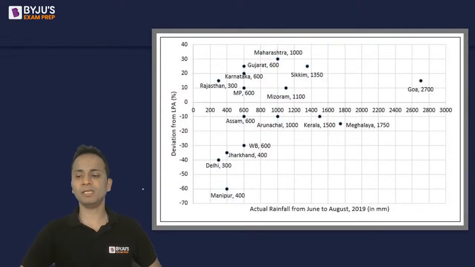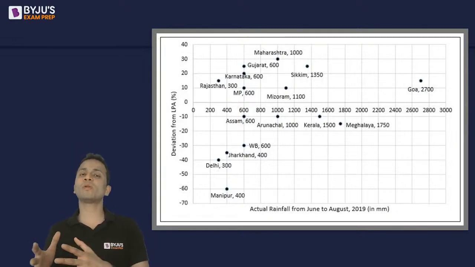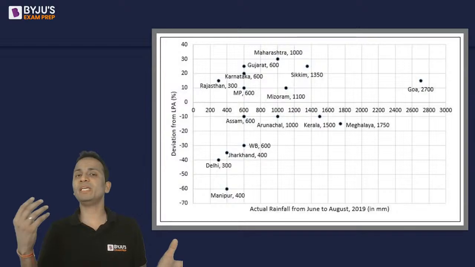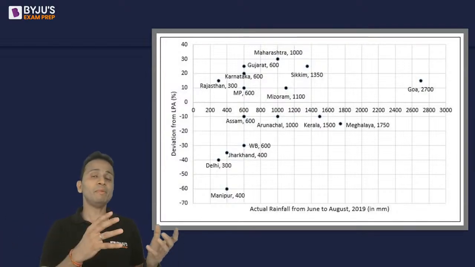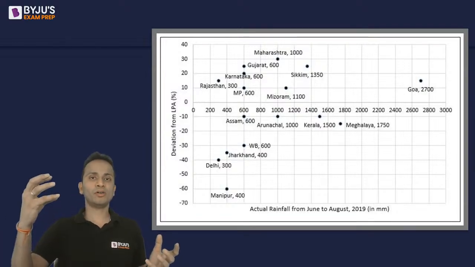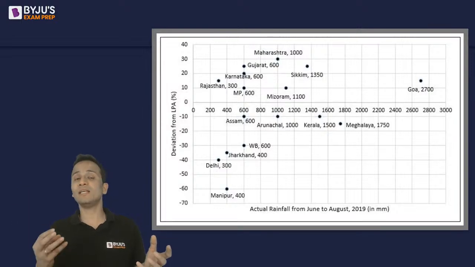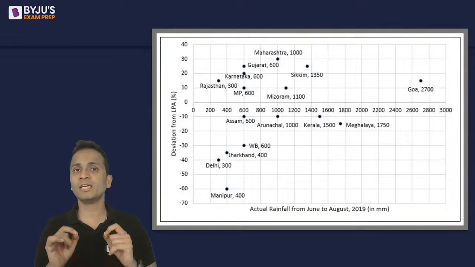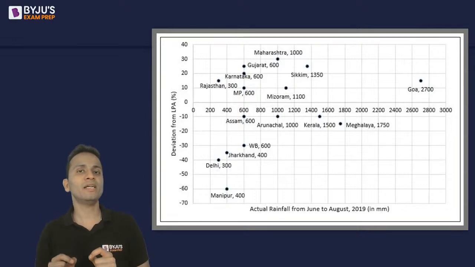So, for example, there may be some states whose actual rainfall is more than the LPA of 2018, then there will be a positive deviation. There may be some states in which rainfall in 2019 is less than the LPA of 2018. For those states, the deviation will be negative.